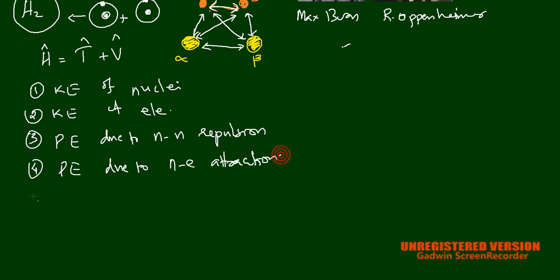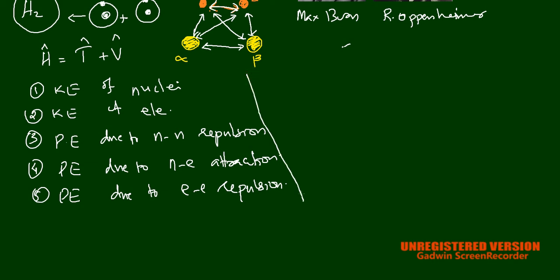Okay, and then we have to talk about the potential energy due to the electron repulsion. So we have to talk about many kinetic energy terms and potential energy terms. Then we can constitute the Hamiltonian for the system. So what will be the Hamiltonian? We can assume what will be the Hamiltonian for the system.